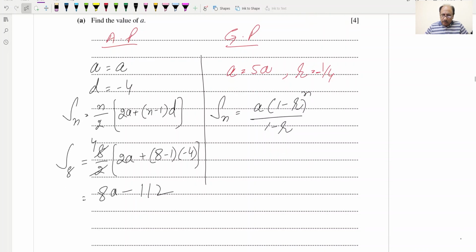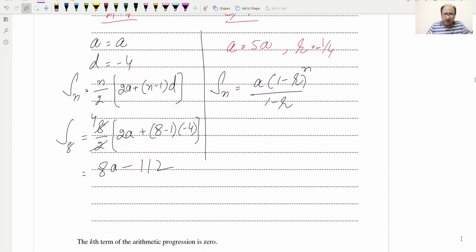Now we can replace the values on this side. a is 5a and r is minus 1 over 4, and n is raised to the power infinity, over 1 minus minus 1 over 4.